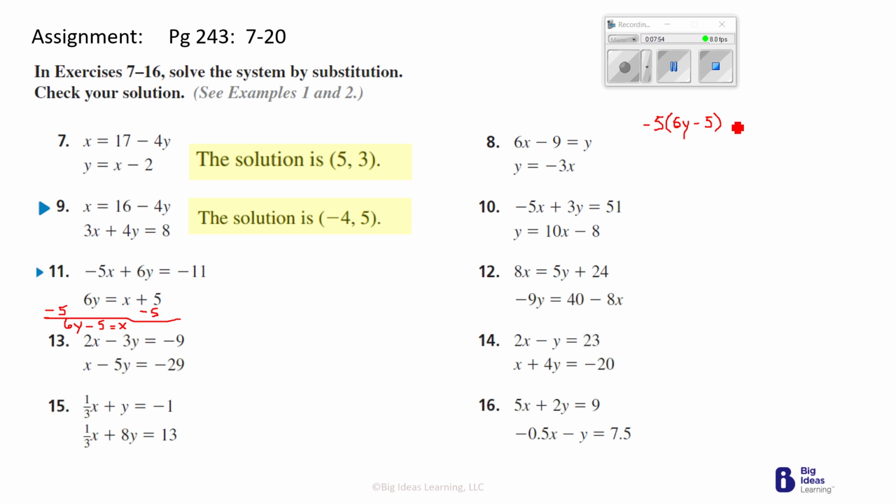And so now we're going to take the second part of this. We use the negative 5, and then we replace x with what we had over here. Now the rest is plus 6y equals negative 11.